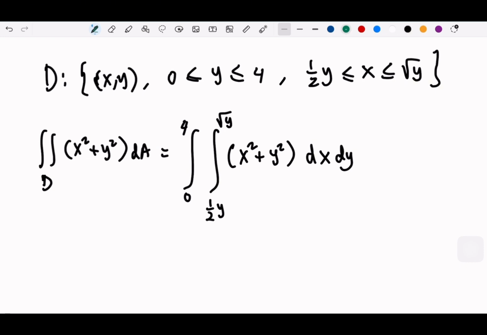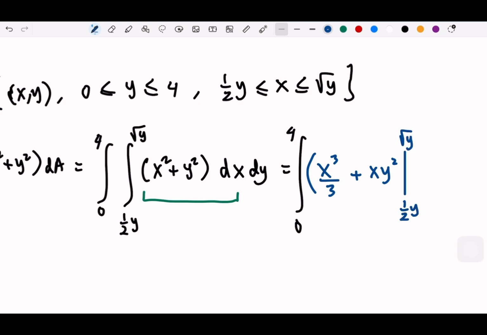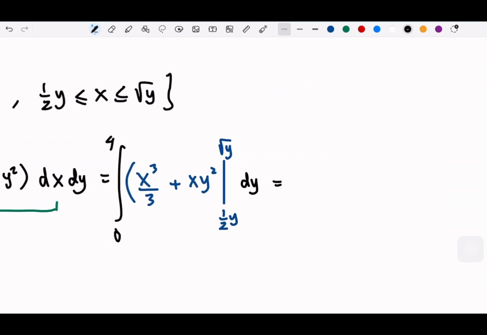And you could integrate this, making it x cubed over 3 plus xy squared. And then don't forget to plug in the endpoints.